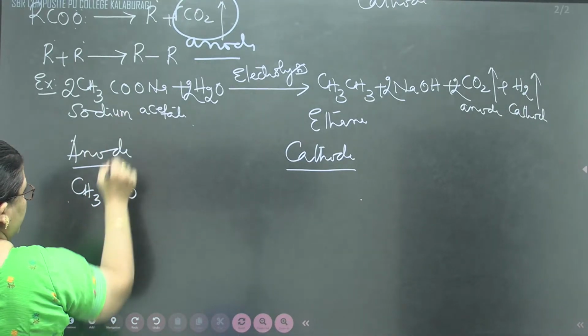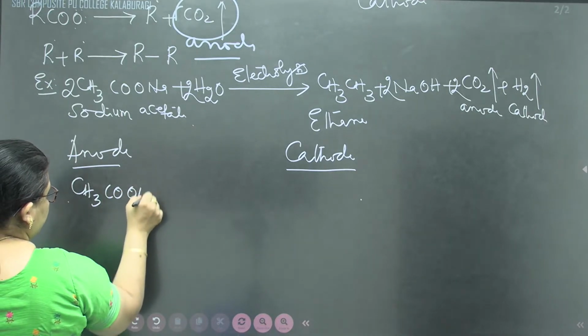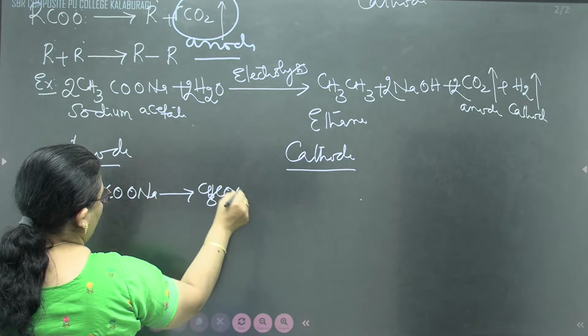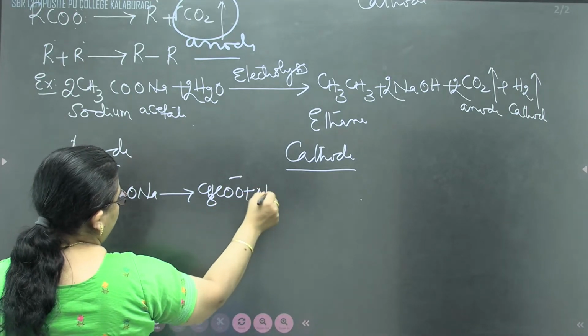CH3COONa will dissociate to form CH3COO minus and Na plus.